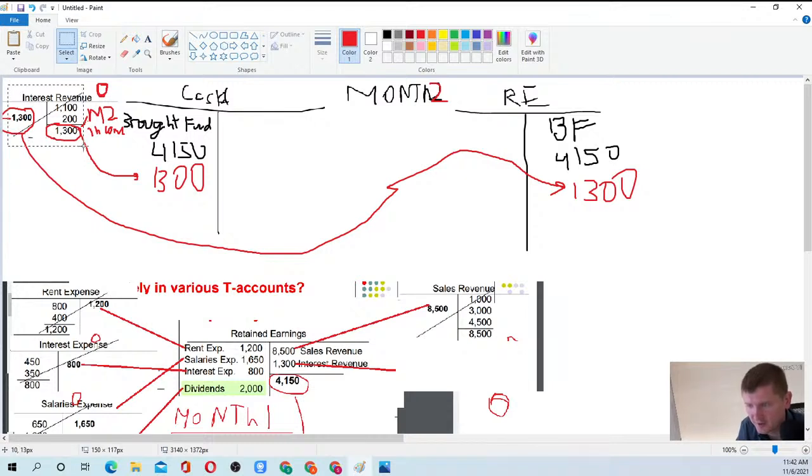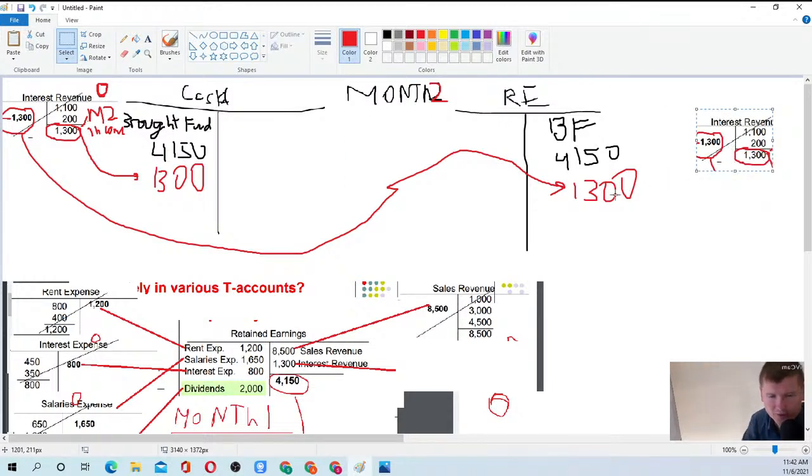By practice of T accounts, it is considered intuitive to place them so that you can move it with a straight line. But I will just show. So that's basically the same. That's the same transaction, not two different transactions.